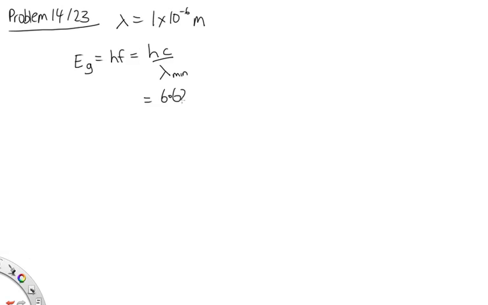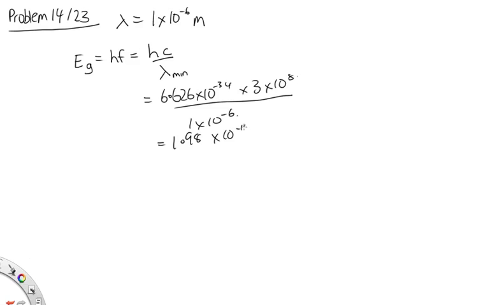This is 6.626 times 10 to the minus 34 times 3 times 10 to the 8 over 1 times 10 to the minus 6. So this is equal to 1.98 times 10 to the minus 19 joules, or dividing that by 1.602 times 10 to the minus 19, the charge on the electron, it gives us 1.24 electron volts. If the gap is larger than this, then a photon with this wavelength does not have enough energy to cause the electron to jump from the valence band to the conduction band.